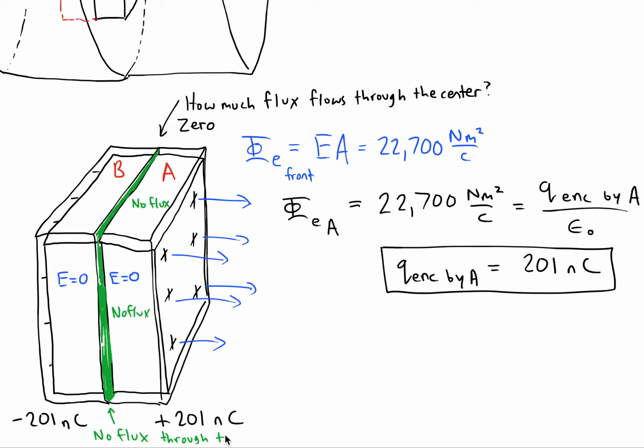There will be no flux through the middle. Only one face of the box will have flux, and that's the front.